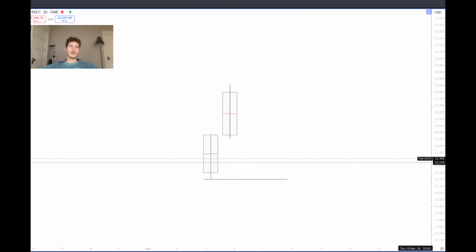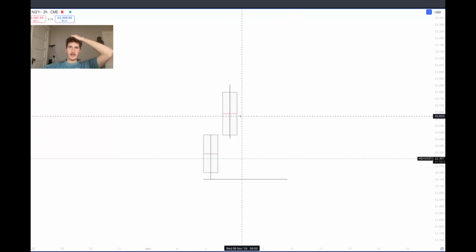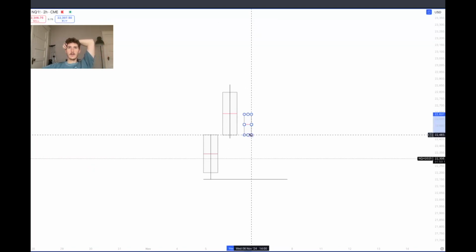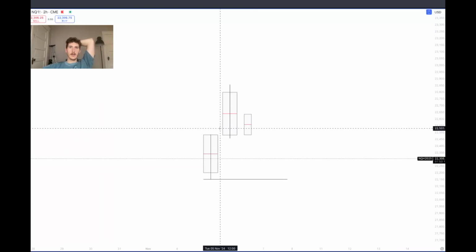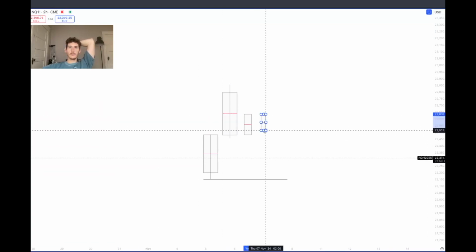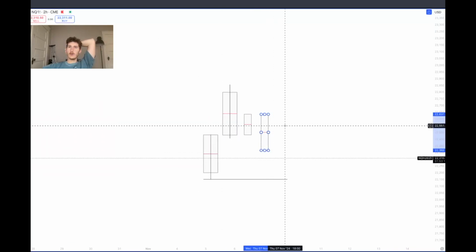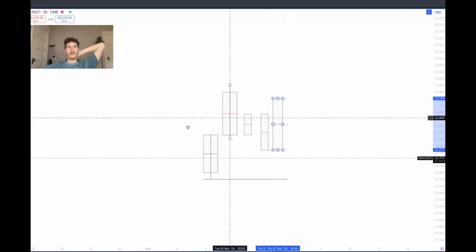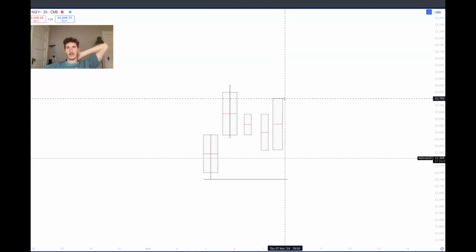A lot of times how that manifests in price is you'll see price range around with these candles and eventually come and close below, right? And then we'll go higher, and you'll think, okay, now I have a protected low here.